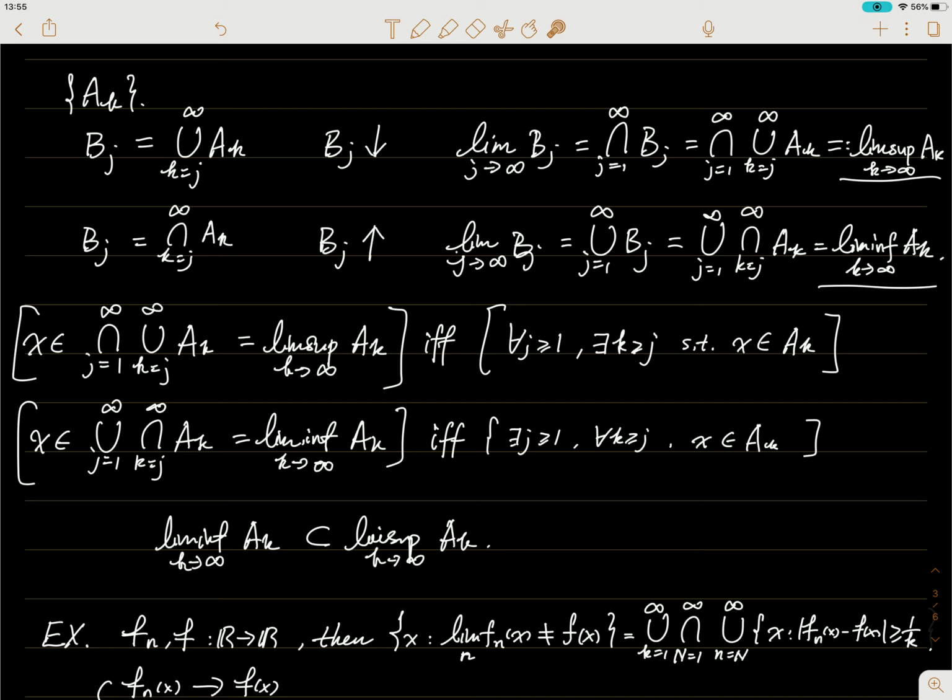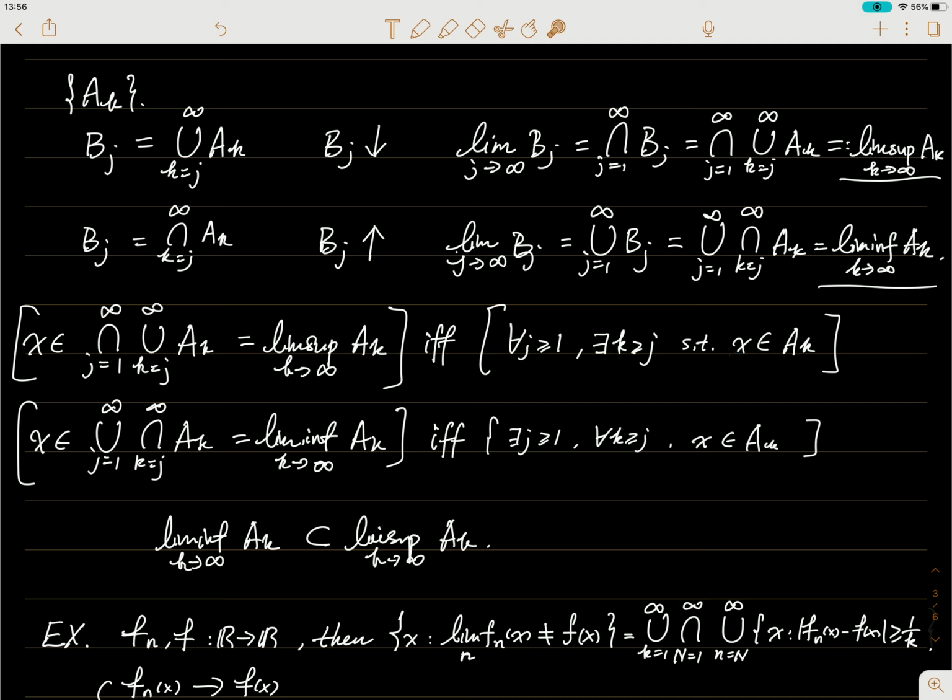So what's the difference here? As you can see, the first one right here tells you that if you have this sequence listed, say a1, a2, a3, a4, a5, and so on and so forth, then this means that it doesn't matter how large this j is, there will always be some k that is bigger than j, such that x belongs to ak. So that means this x belongs to infinitely many of those ak's.